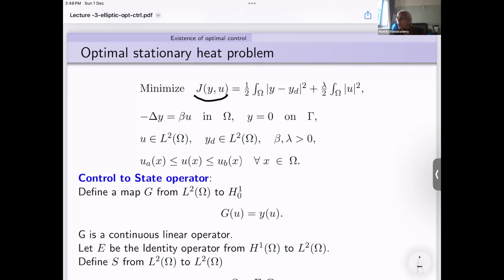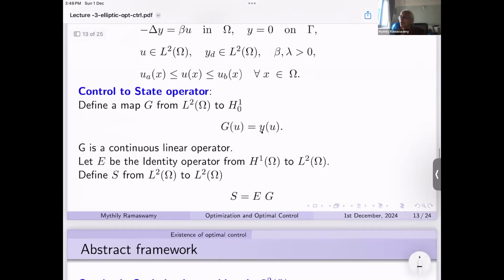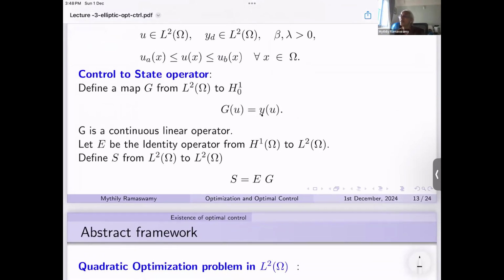Given the control u, which sits in the right-hand side, I can define the solution y of u. It is exactly like the solution operator, the inverse of minus Laplacian with Dirichlet boundary condition. Now, G is a continuous linear operator, and that is what the existence theorem also confirmed.